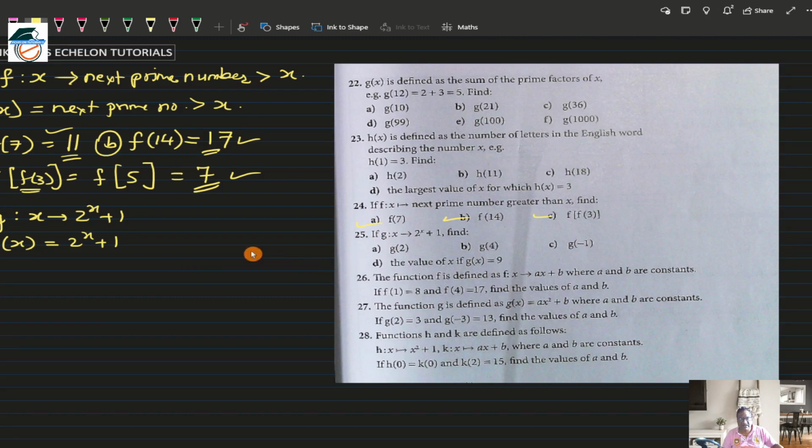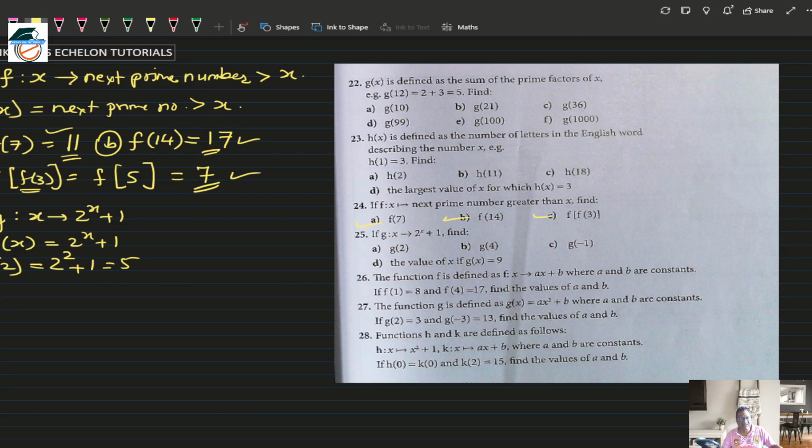Now that being the function, you have to find A, which is g of 2. So g of 2 will be what? In this g of x, just plug in 2 in place of x. So it will be 2 raised to 2 plus 1, which works out to 5. A is done.